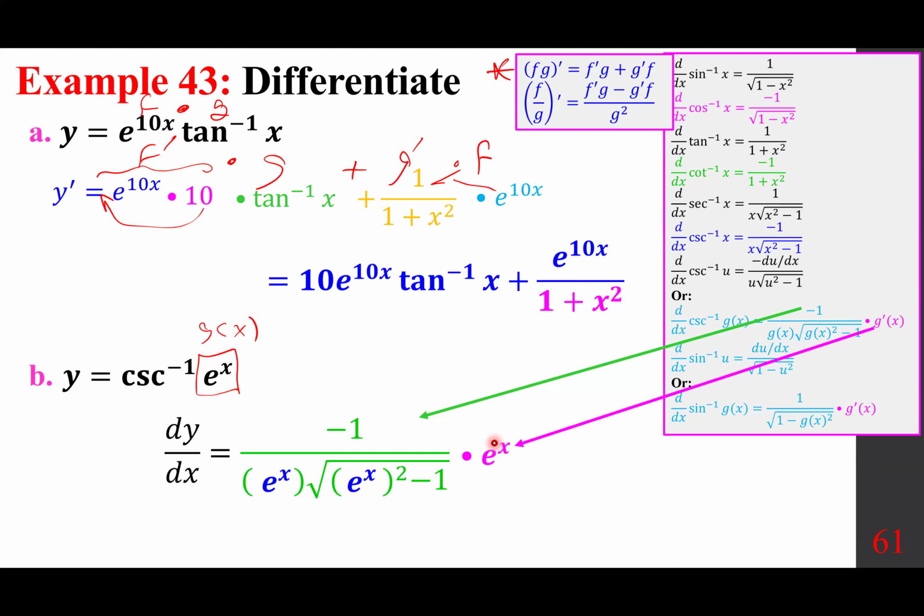This happened to be itself, which means now this cancels out this one in this particular case. So you're left with negative 1 over the square root of e to the power of 2x minus 1. Again, normally it doesn't happen this way. It happened here simply because the derivative of the function g of x when it's e to the power of x is itself, everybody.